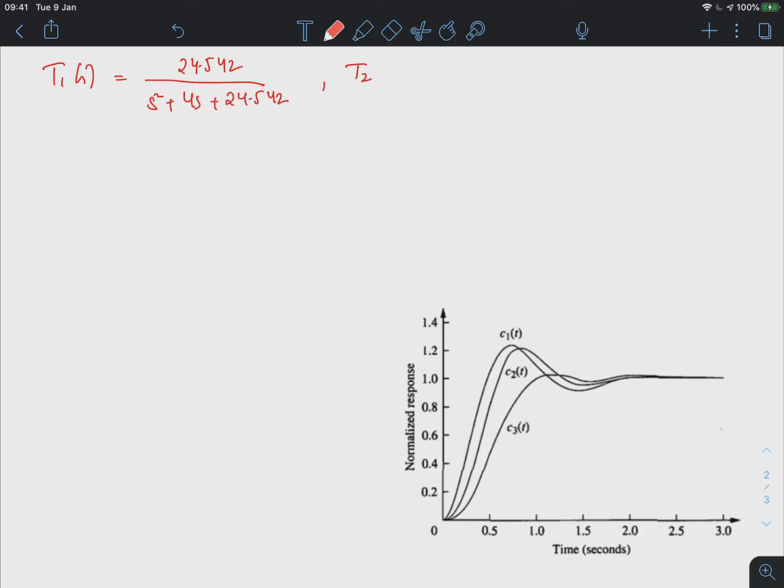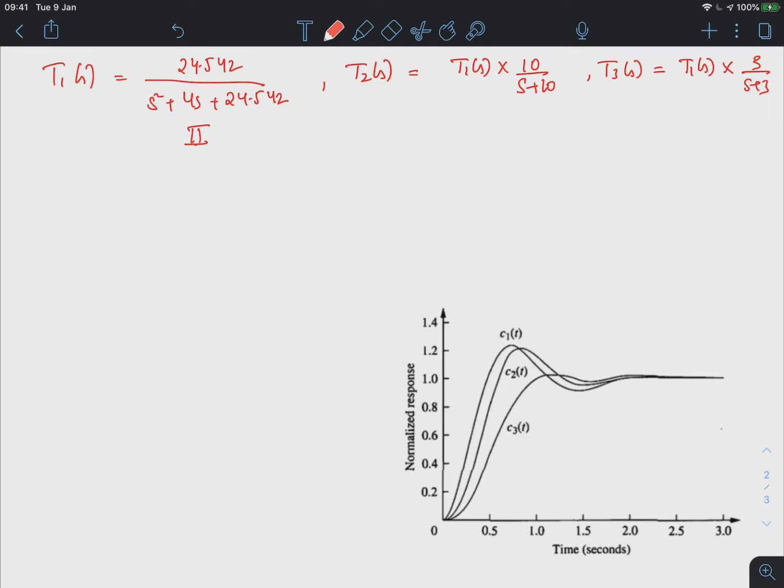I have T2(s), the second transfer function, which is T1 multiplied by 10 upon s plus 10. So I have added one additional pole at minus 10 in the transfer function T2. Now I have T3 of s, which is T1 of s times 3 upon s plus 3.